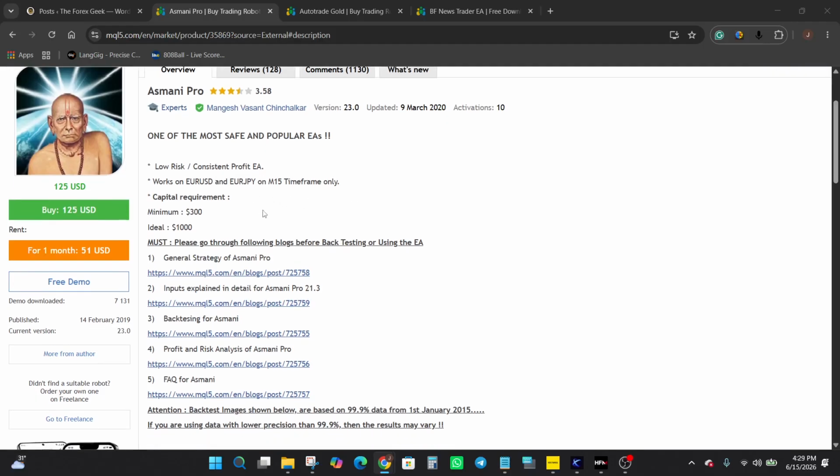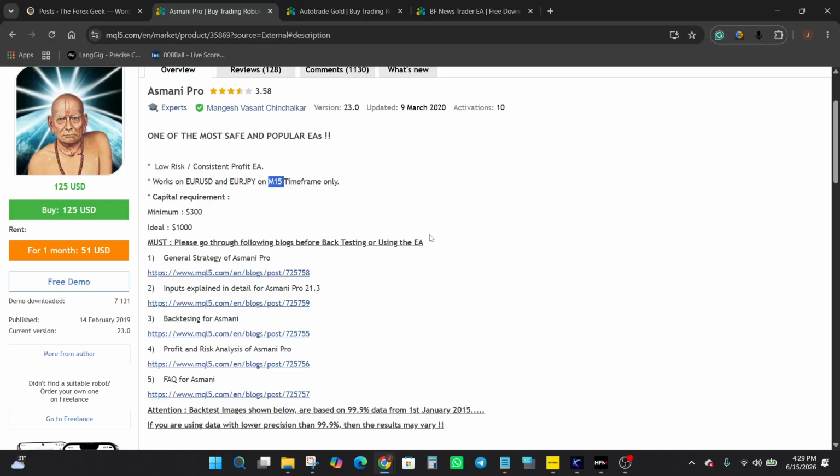As I scroll through the description, the EA is specifically designed to work on EURUSD and EURJPY, and it is intended for use on the M15 time frame only. That's quite important because it means the system is optimized around a very specific trading environment rather than being multi-market or multi-time frame.